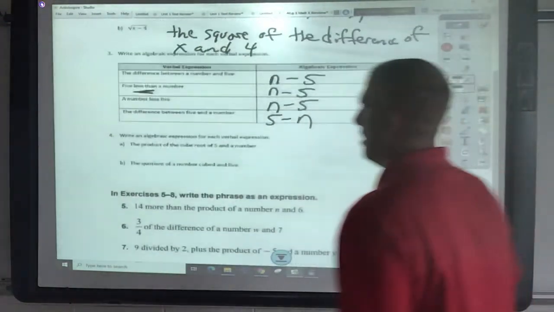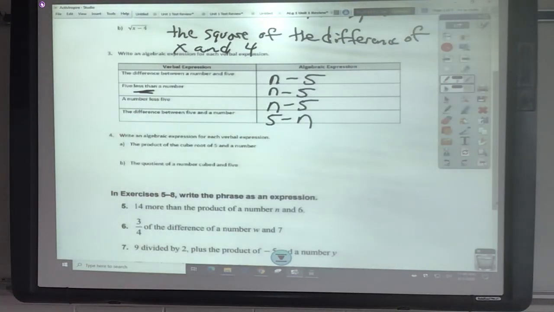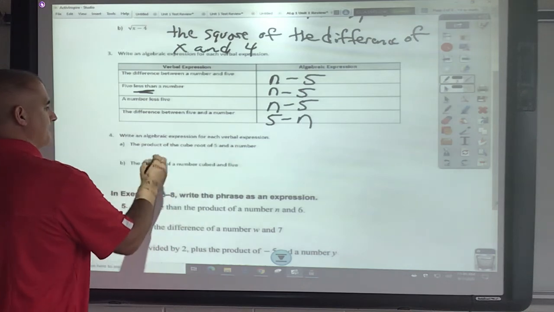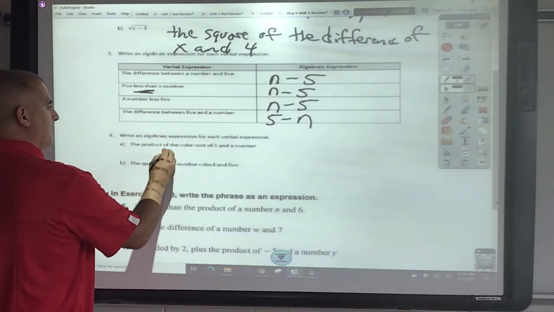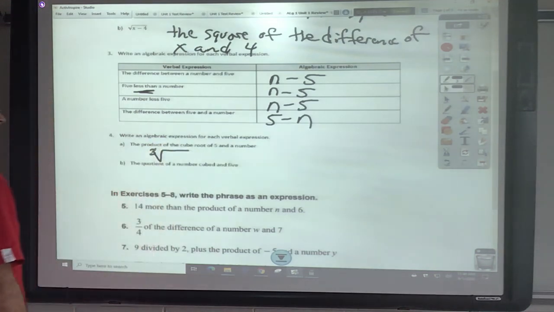Okay, now write the expression for each verbal expression. The product of the cube root of 5 and a number.